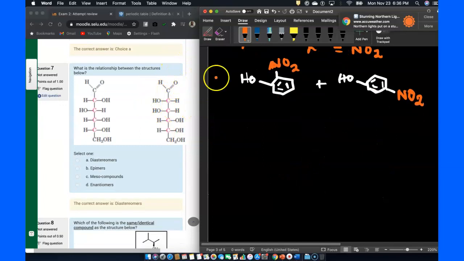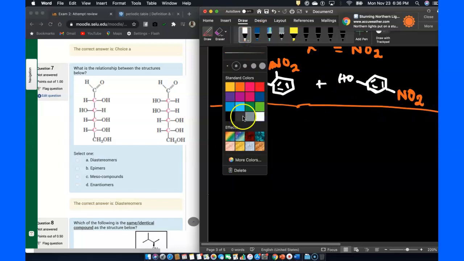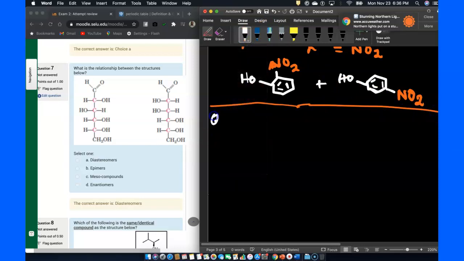So away from electrophilic aromatic substitution, let us look at question 7. What's the relationship between the following structures? Now, I'm going to remind you something. Enantiomers will have opposite stereochemistry.